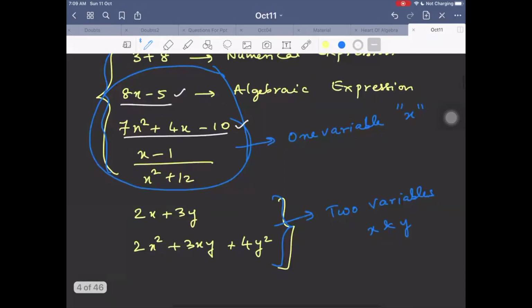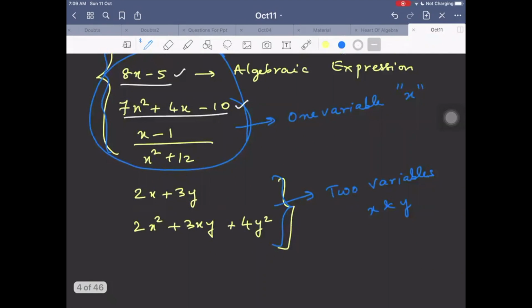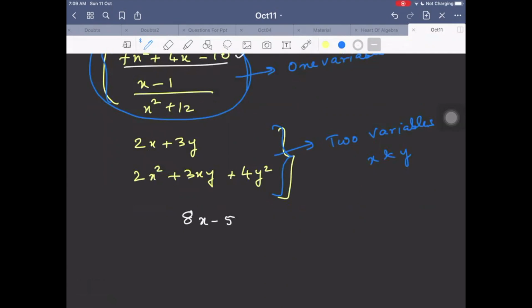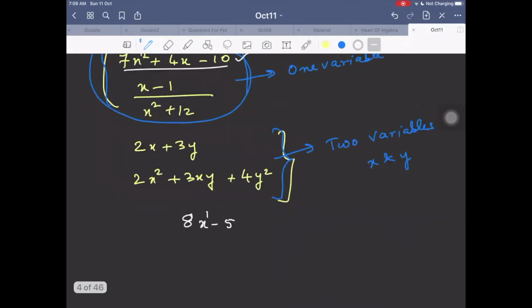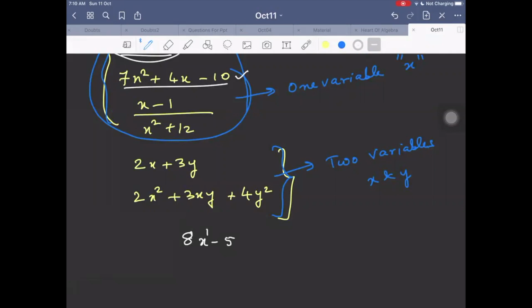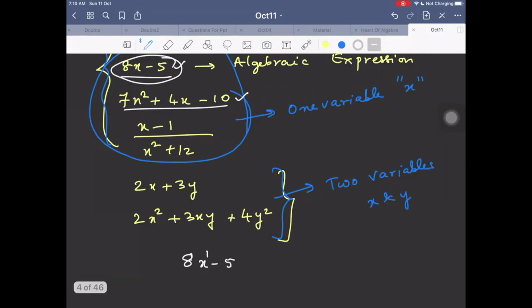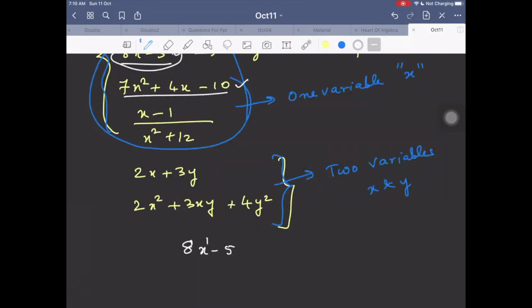See, in the first expression, 8x minus 5, when you look at the power, the exponent of x, it is 1. X is nothing but x to the power of 1. And in fact, the 5 can be written as 5 times x to the power of 0.